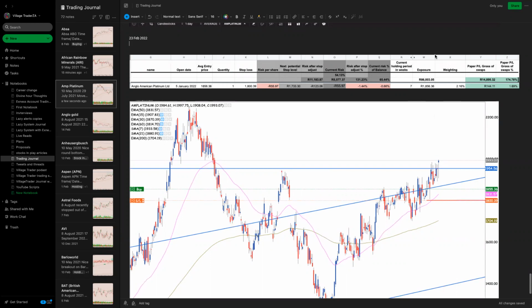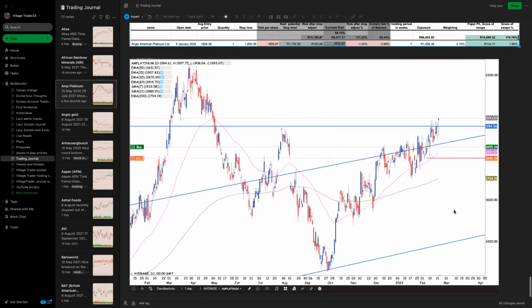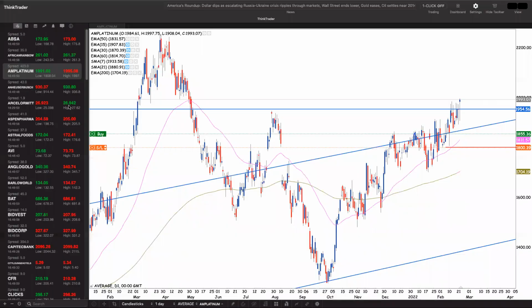And then just taking note that the exposure is still 1,800, and the weighting on the portfolio is 2%. I'm good. Move right along. I don't need to put that on the shopping list because it's just a stop loss update.